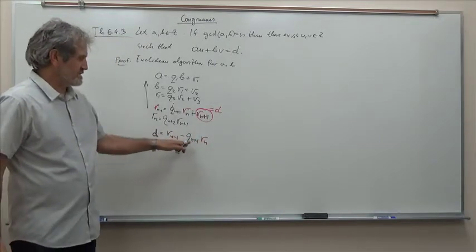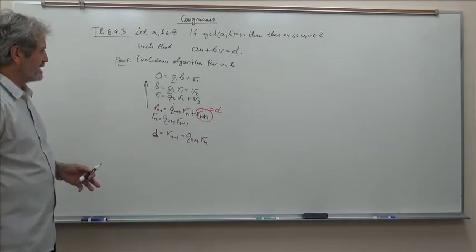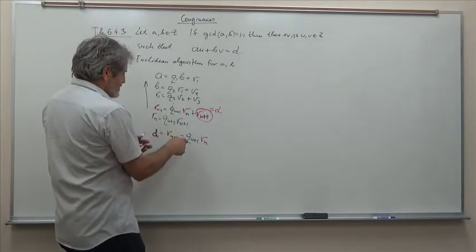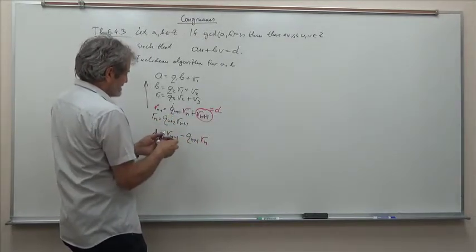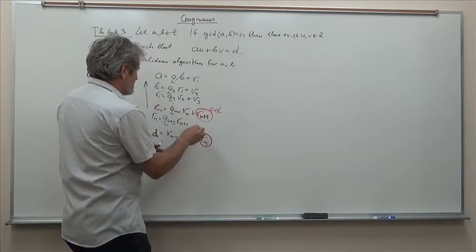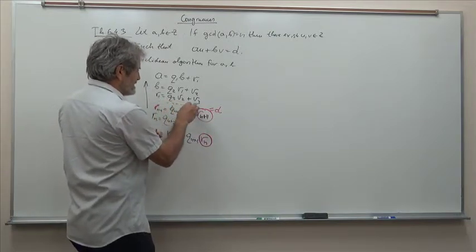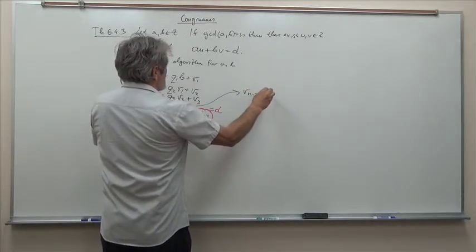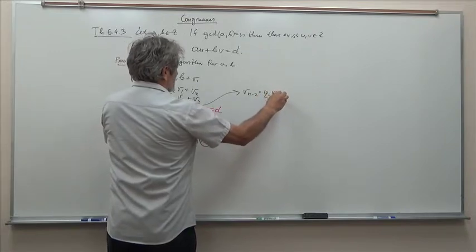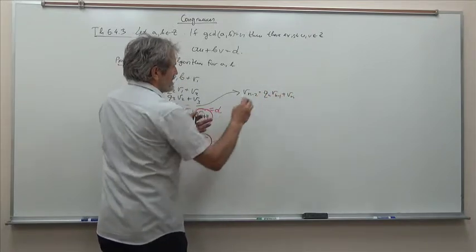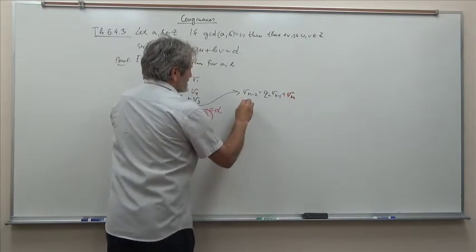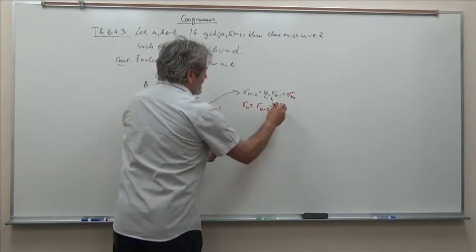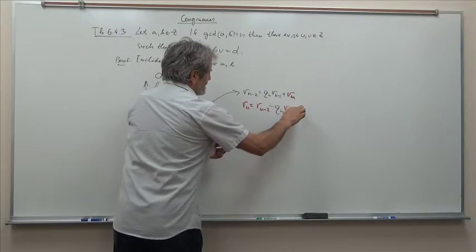So look who are my vectors. R(n-1) and Rn. Then from the previous line that's missing here actually, I trade the one with a higher index, this is Rn. So Rn could be traded from the previous line that's missing here. Let me write it there. So what would be the previous line? R(n-2) equals Qn R(n-1) plus Rn. So here you trade Rn as what? Rn equals R(n-2) minus Qn R(n-1).